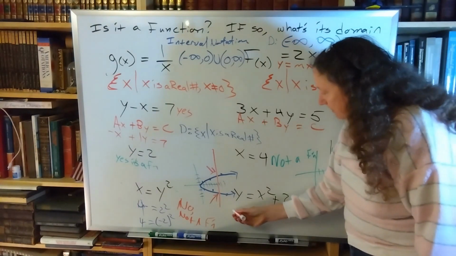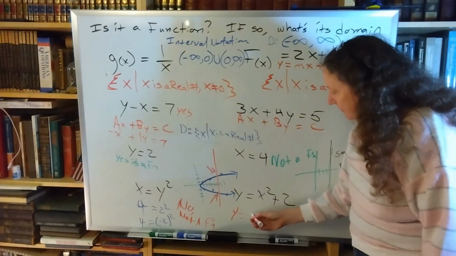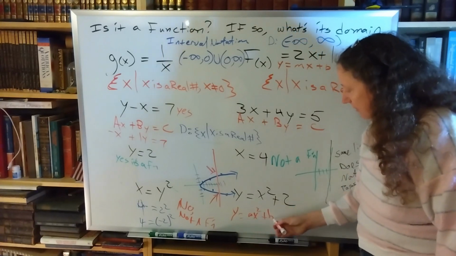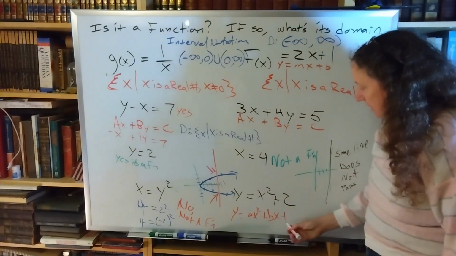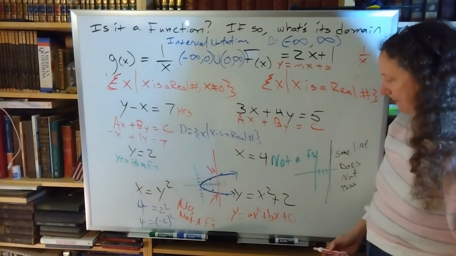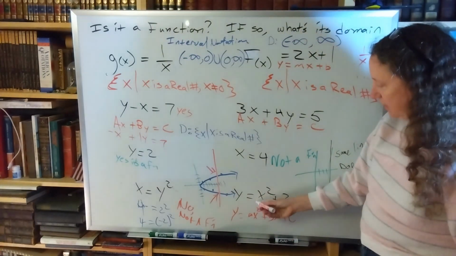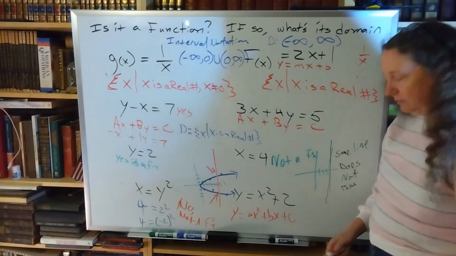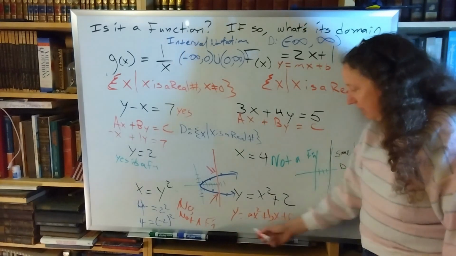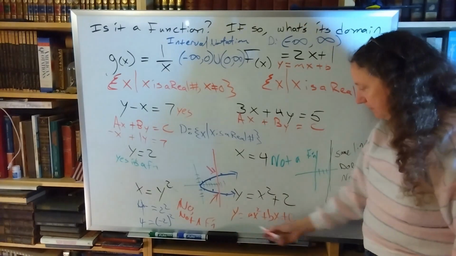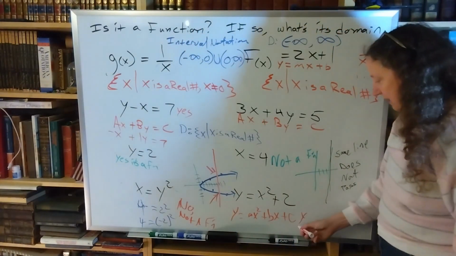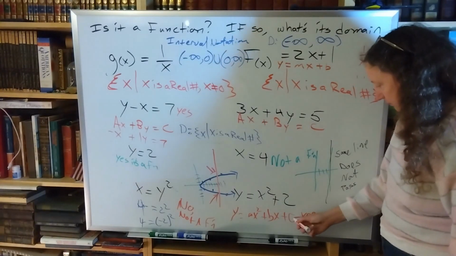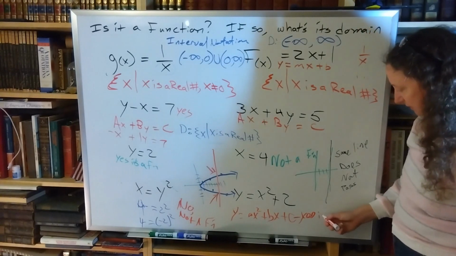This matches the form y equals ax squared plus bx plus c, where a is equal to 1, b is equal to 0, and c is equal to 2. Because this matches that form, we know that yes, it's a function.